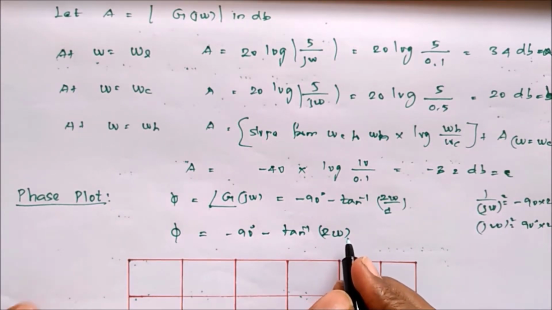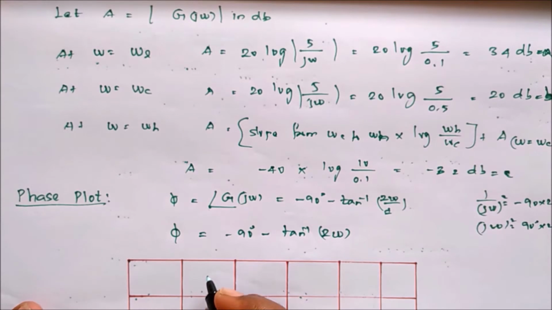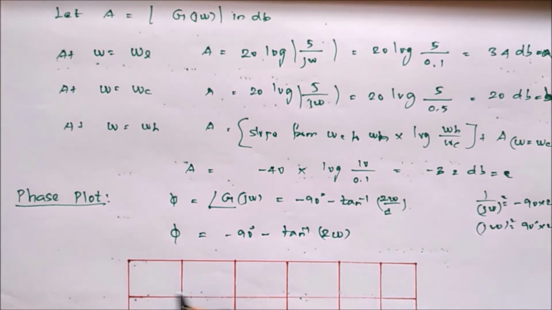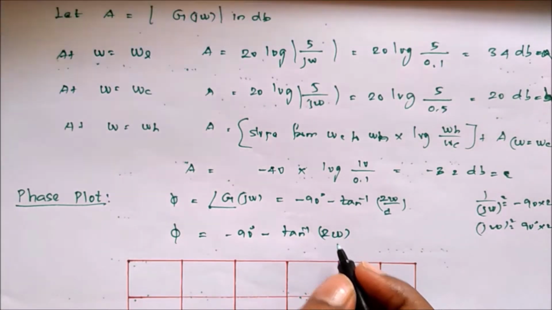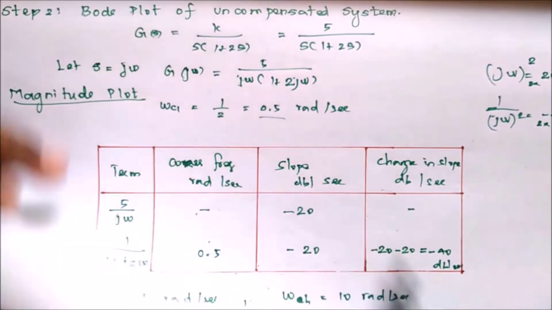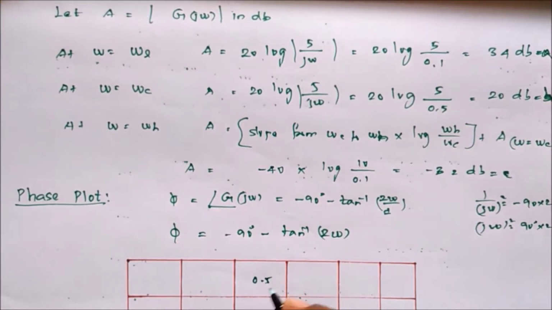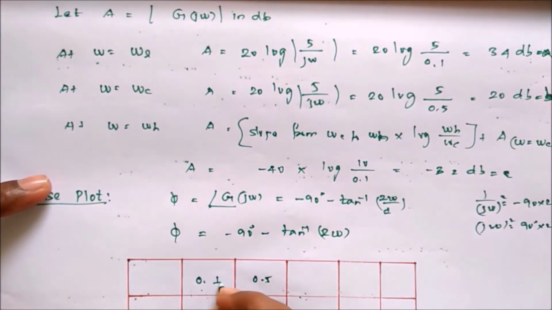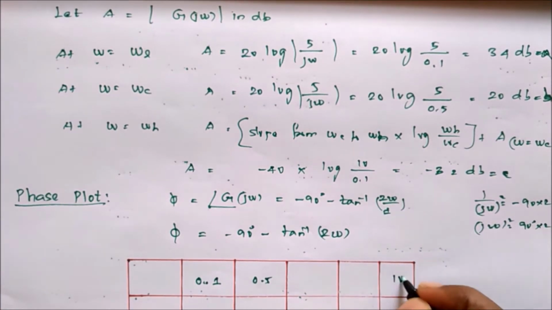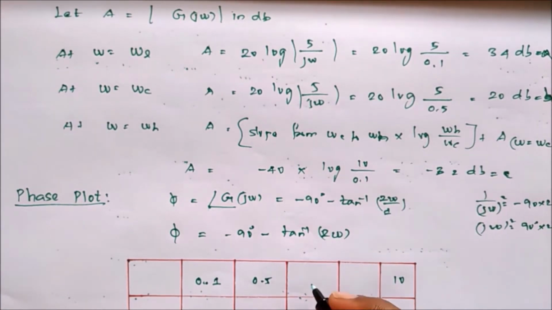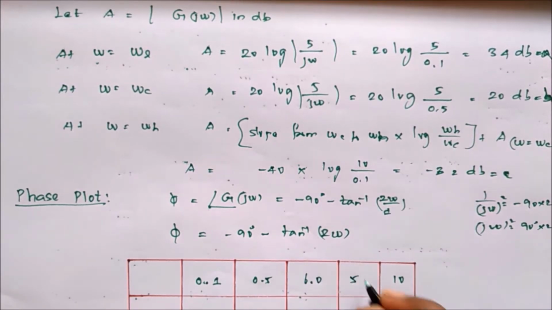We already know the corner frequency is 0.5. We have to select various values of omega based on the corner frequency. So we can select 0.5, then the lower corner frequency, and similarly the highest corner frequency. In between we can select any two values, so it may be 6, this may be 5.